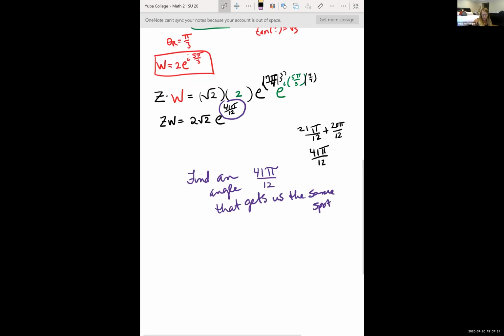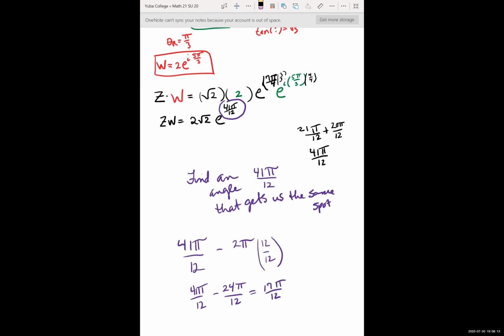Okay, so I would want to start subtracting 2 pi, because I know that 1 revolution is 2 pi. Let's get this in a common denominator, so 24 over 12. So I have 41 pi 12ths minus 24 pi 12ths. So 41 minus 24 gives me 17 pi 12ths.